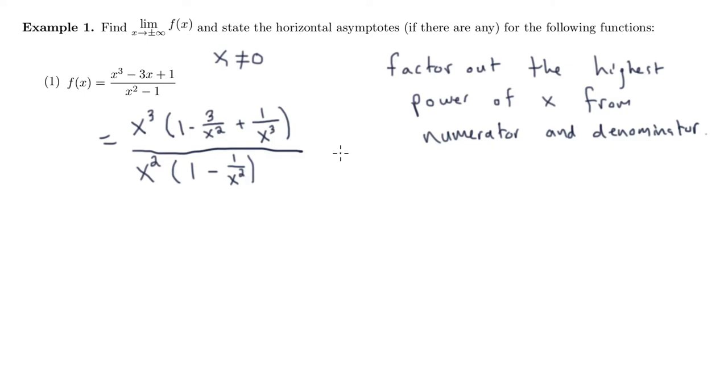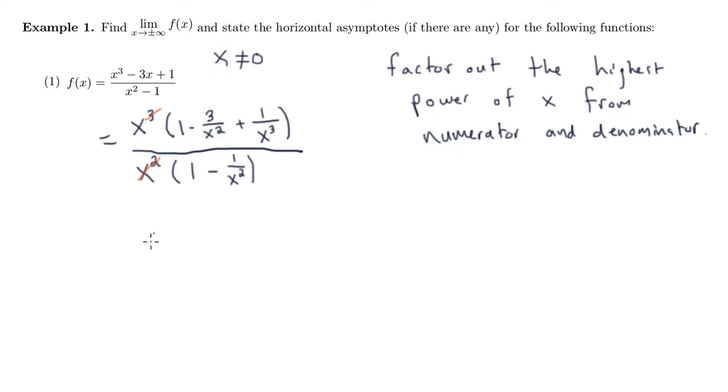And now, because I can assume that x is not equal to 0, I can actually cancel 2 of the factors of x. So I can divide by x, because I'm assuming that x is not equal to 0, because I only care what happens far away from 0.